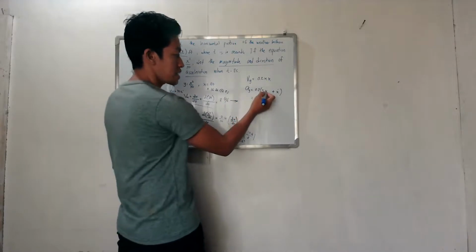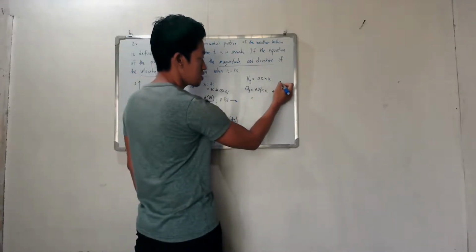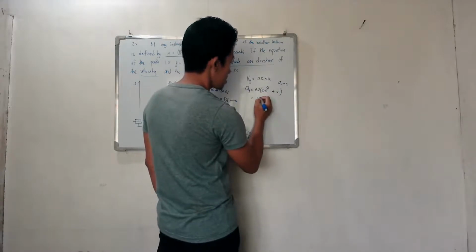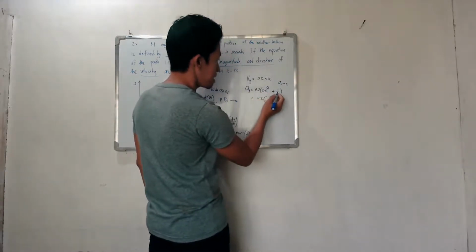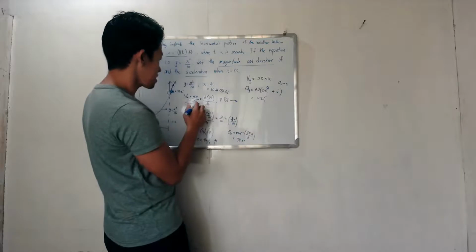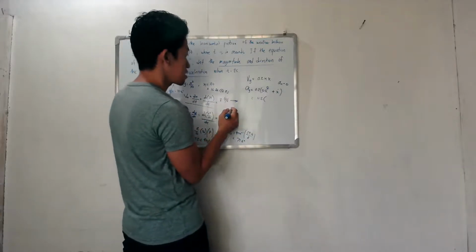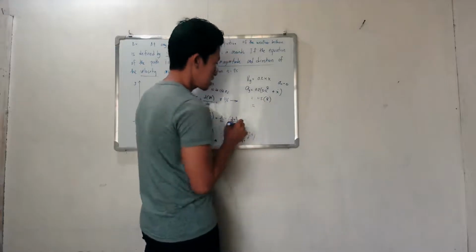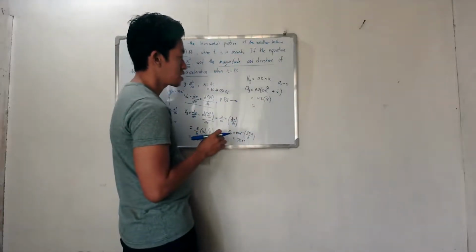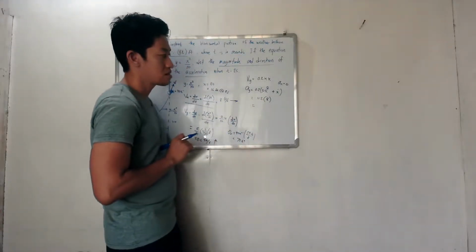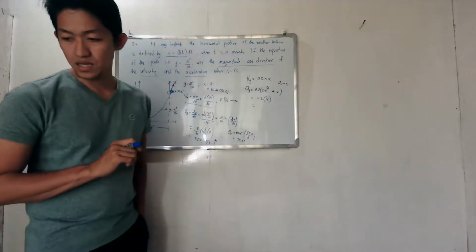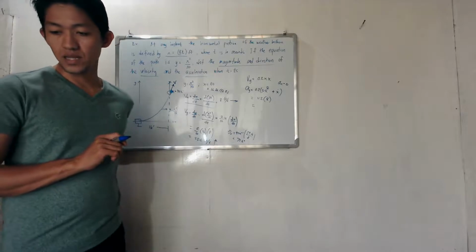But since this is just acceleration x, it is 0. So we are left with 0.2 times what? Vx, which is 8. Is the answer 12.8?